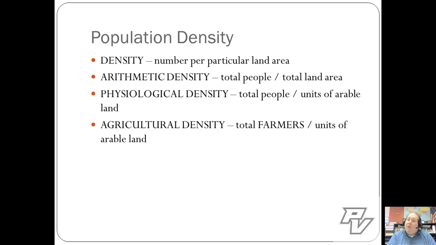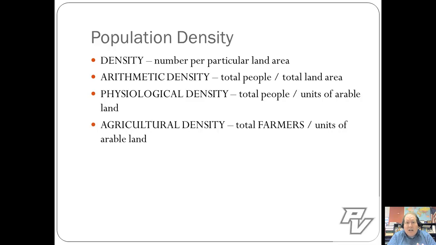However, a very high physiological density, like a country like Japan, is going to find themselves needing to import more food or to find more food from off-land choices, which is one particular reason that Japan is so very dependent on seafood and fish as part of the diet.